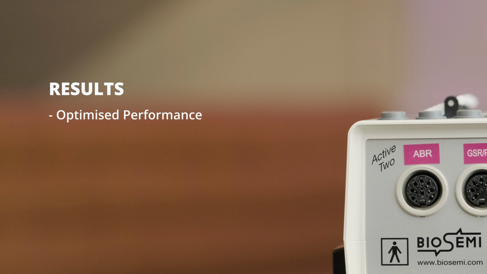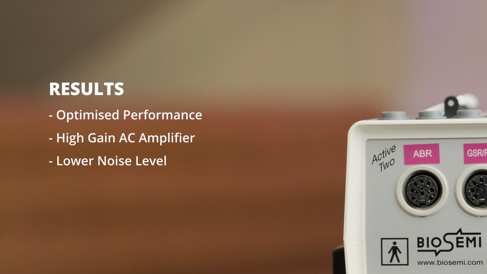In the active electrode, we can use a high-gain AC amplifier instead of the low-gain DC amplifier used for standard EEG. High gain in the first stage lifts the signal and noise far above the noise floor of the following amplifier stages and the analog to digital converter, resulting in an overall lower noise level.